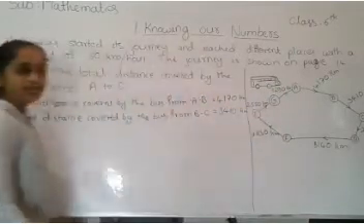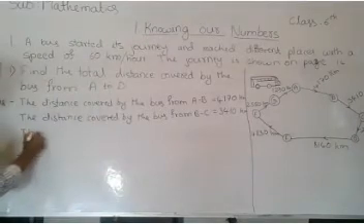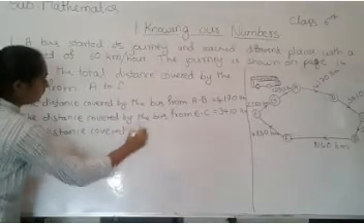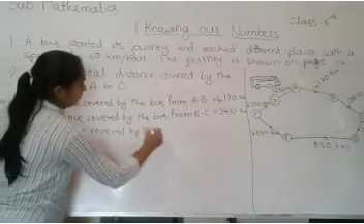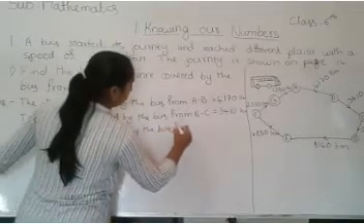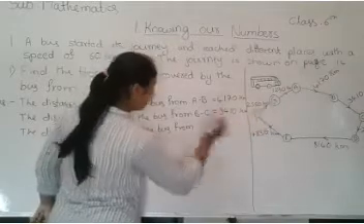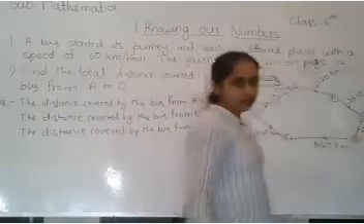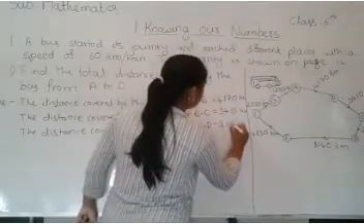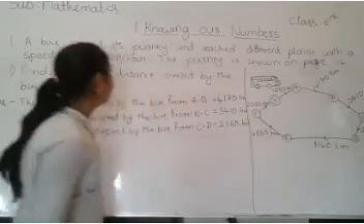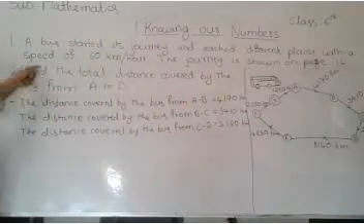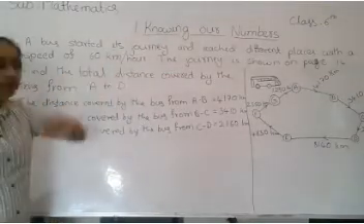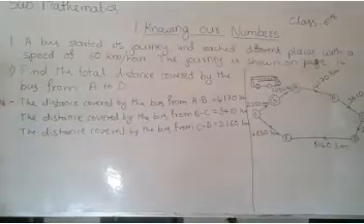Then the distance covered by the bus from C to D is how much? 2160 kilometers. The distance covered by the bus from A to D is what we have to find out.